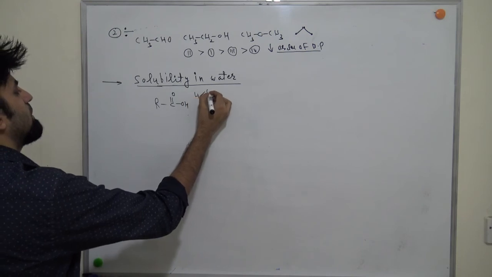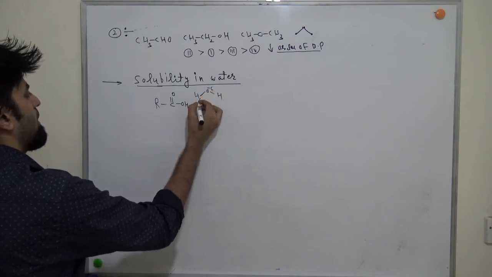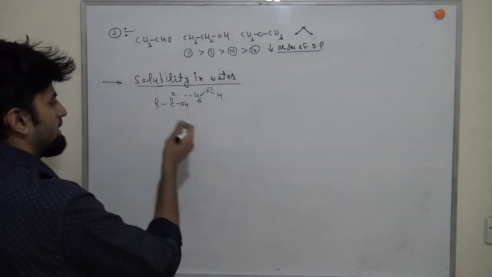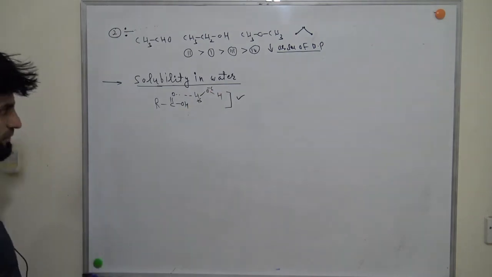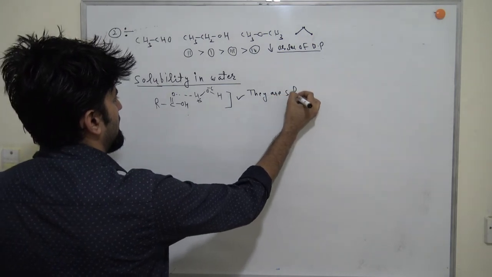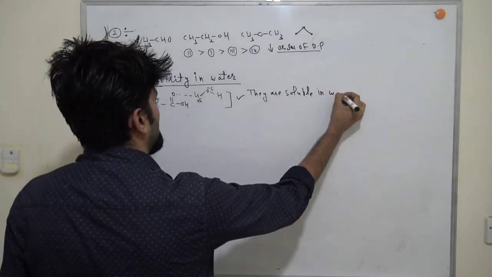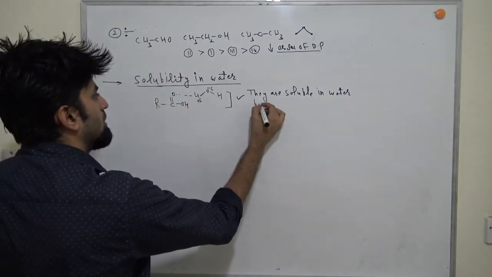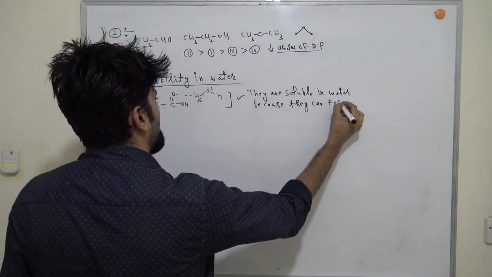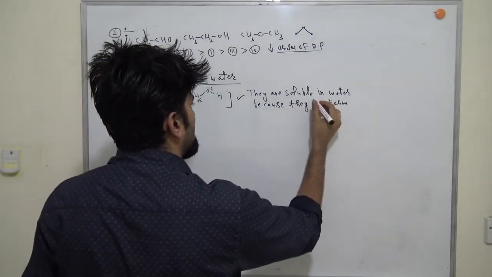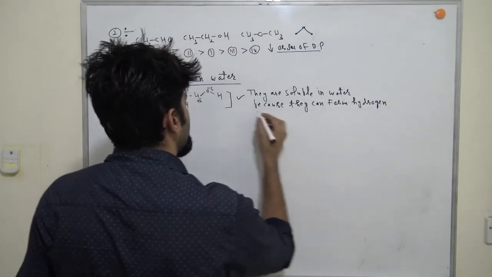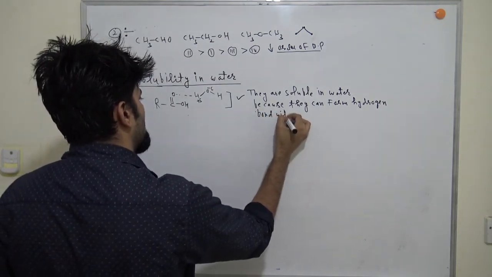This type of aldehyde is soluble in water. Why? Because they are capable of forming a hydrogen bond with water. They are soluble in water because they can form hydrogen bond with water.